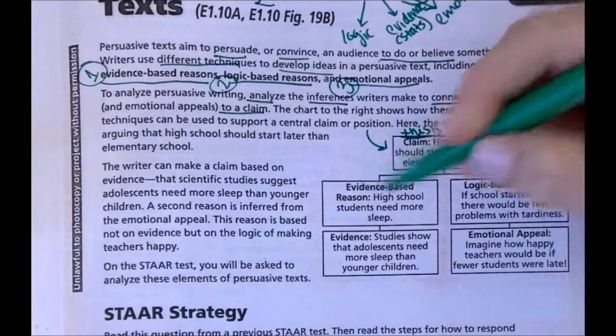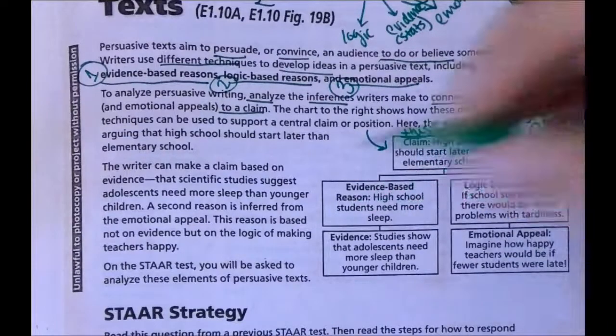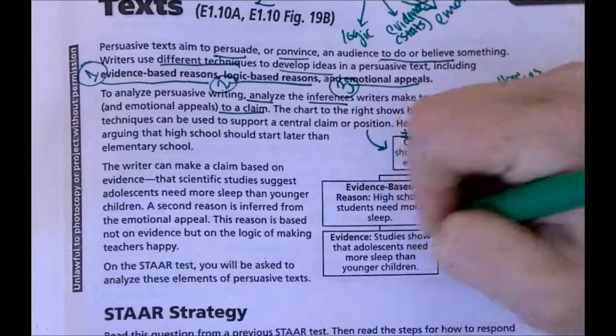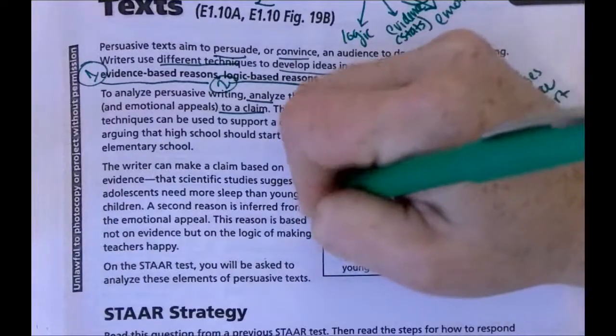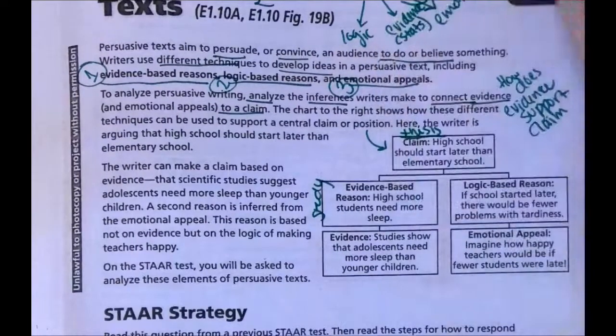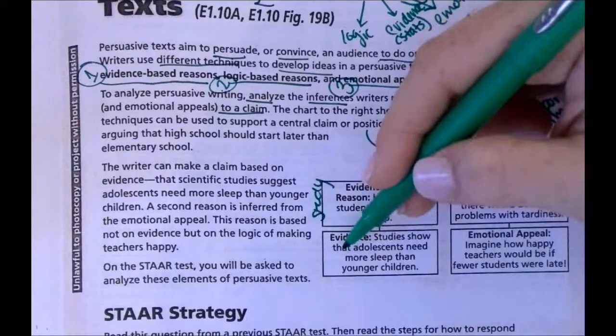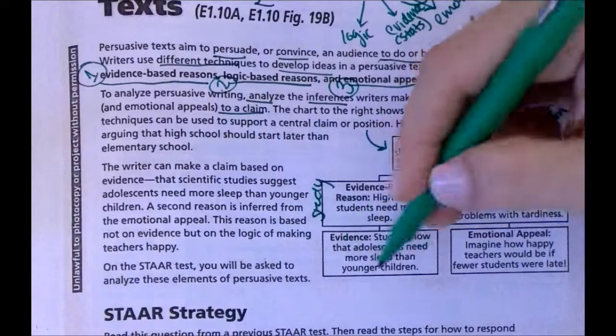They have an evidence-based reason that high school students need more sleep. That might be like a scientific study, factual evidence, some statistics, something that's proven that they're using to support this claim. Studies show that adolescents need more sleep than younger children.